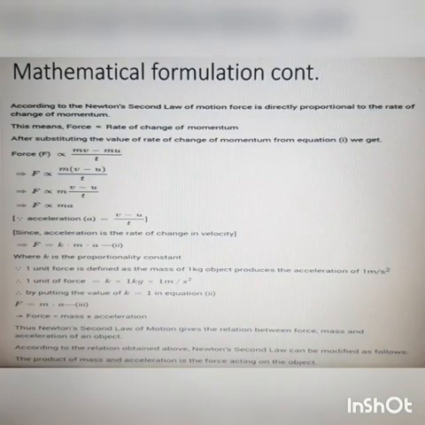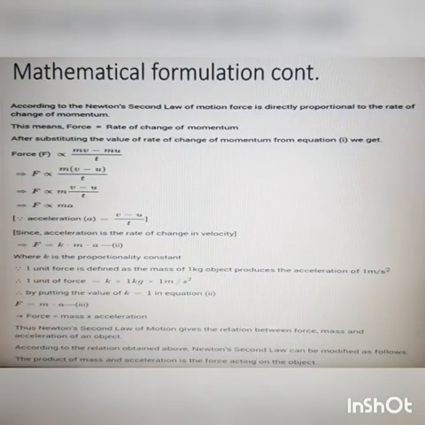As we move on to the next line, we can take m common, which gives us F proportional to m into v minus u by t. In place of v minus u by t, we can write a. A means acceleration, and we all know that a equal to v minus u by t.